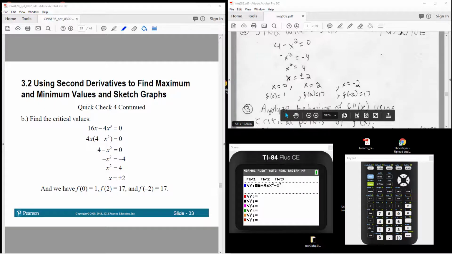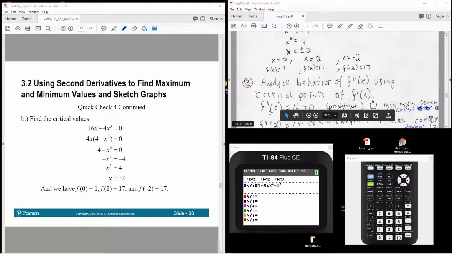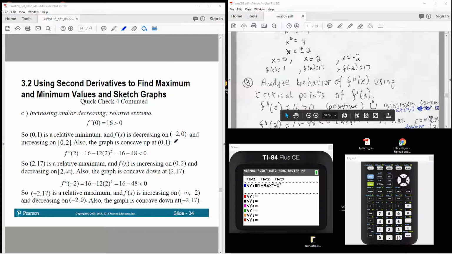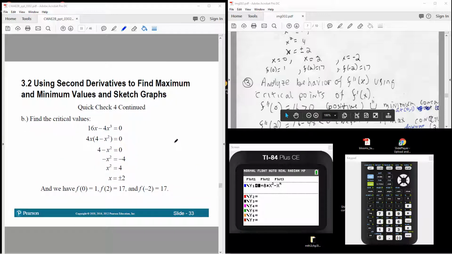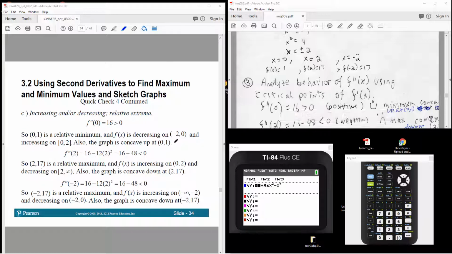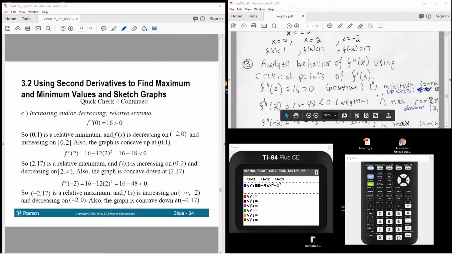So the next thing I do is analyze the behavior of the second derivative using the critical points I found. Okay. So the second derivative at 0 is positive, so I have a minimum there. Now I add the point (0, 1). When I put in a positive 2 here, it's less than 0. It's negative, so it's sad.